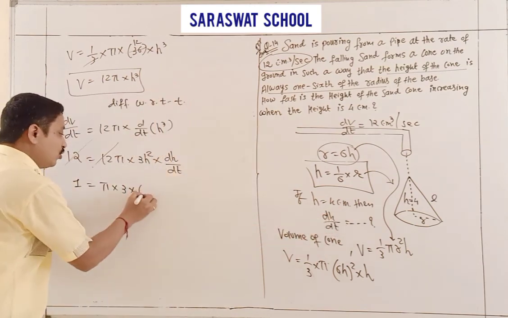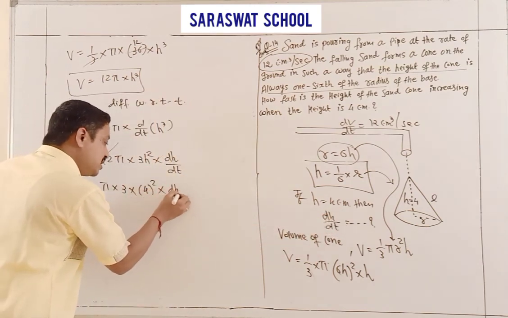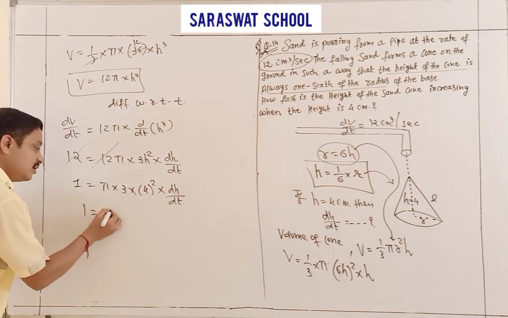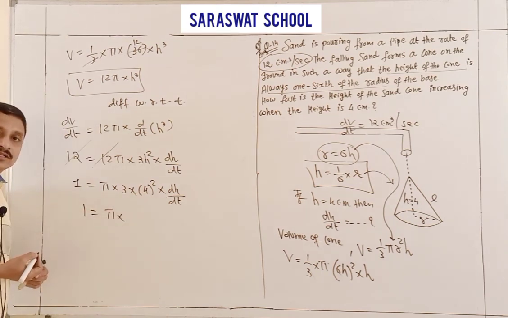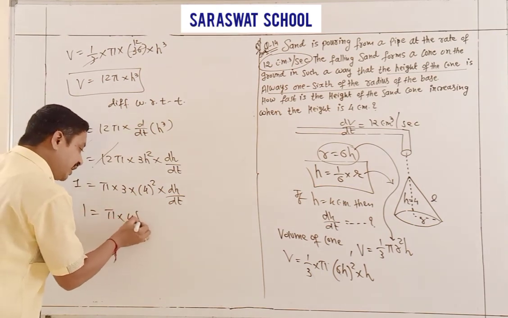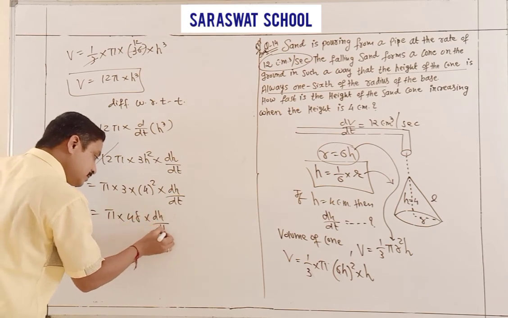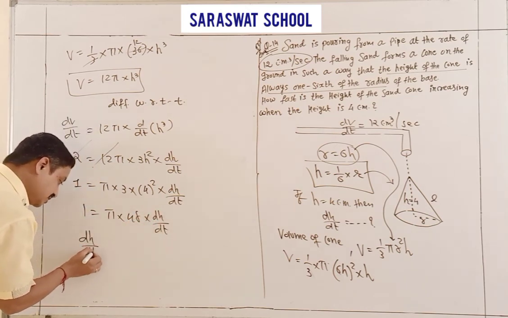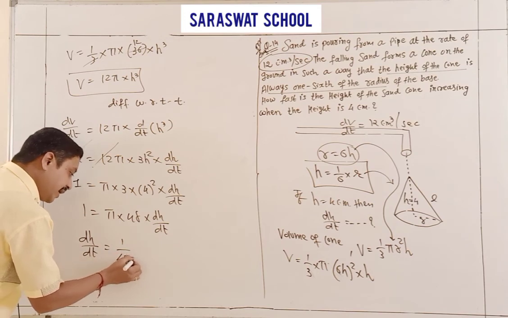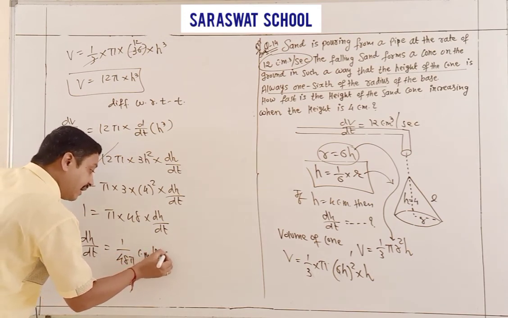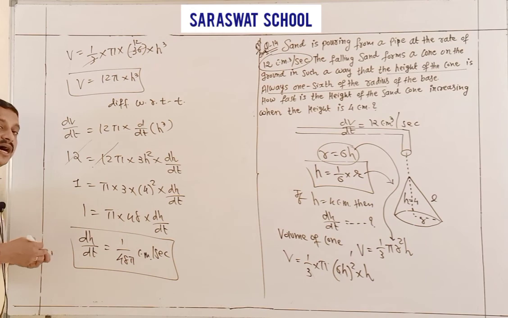So apply 4 square dh by dt. So your answer is 1 by pi, here 4 square 16, 3 16s are 48 dh by dt. So my answer dh by dt is 1 upon 48 pi centimeter per second.